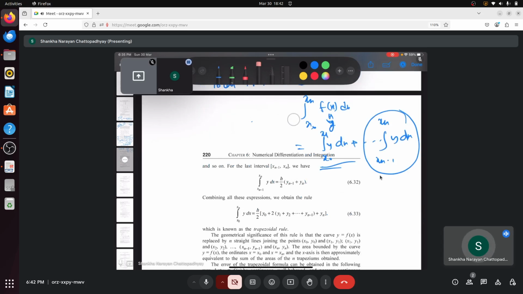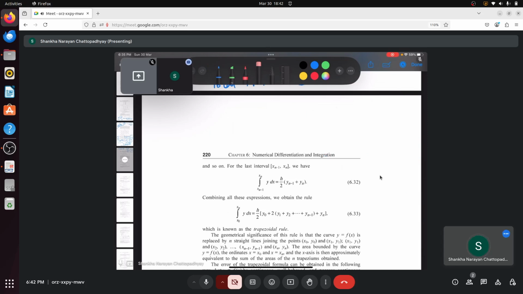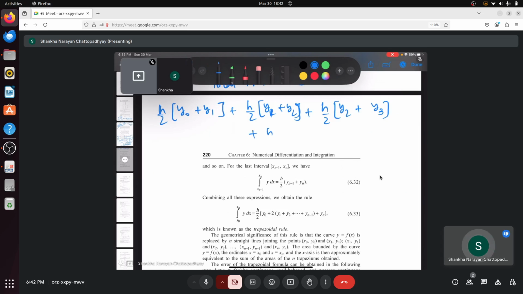Each of these sub intervals, just as I have discussed a few minutes ago, you can write as h by 2 (y0 plus y1) plus h by 2 (y1 plus y2) plus h by 2 (y2 plus y3) plus and so on plus h by 2 (y(n minus 1) plus yn).